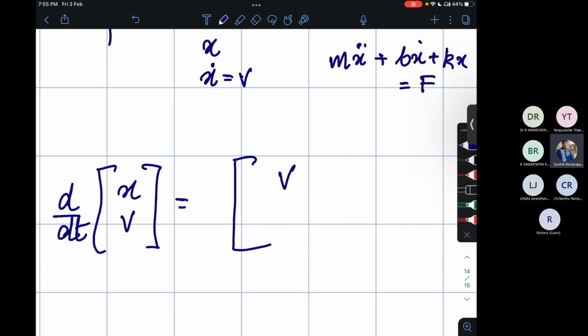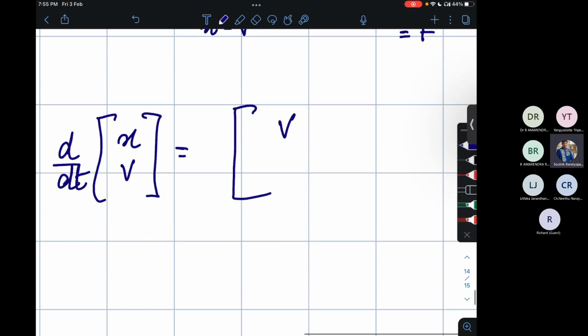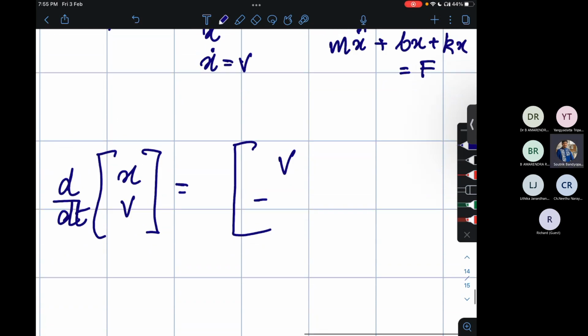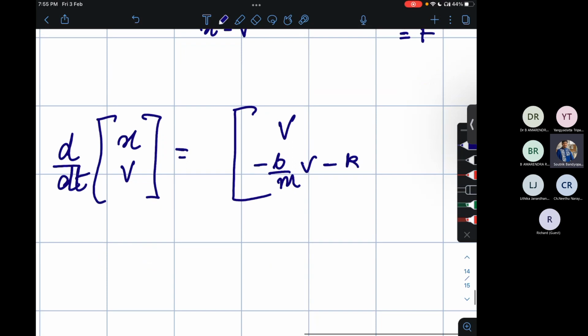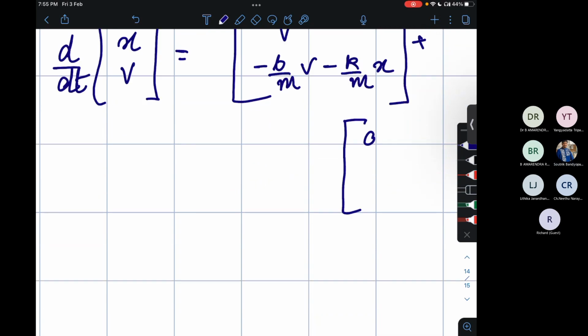So if you look at this, it would be minus b by m into v minus k by m into x plus 0 comma f by m.